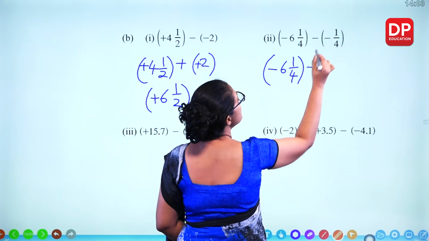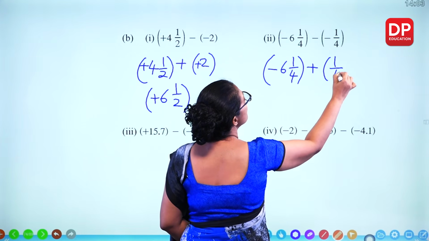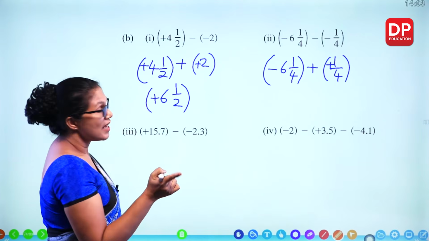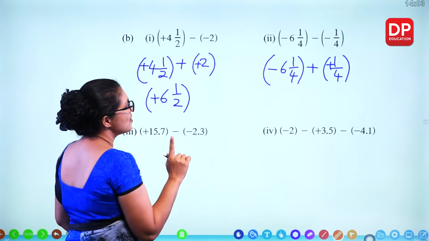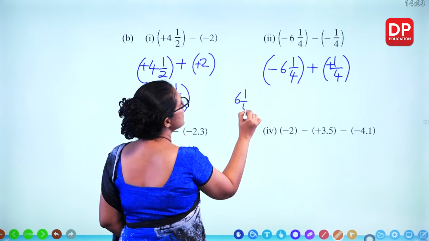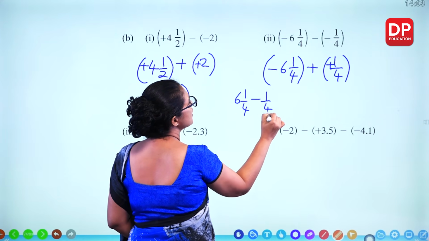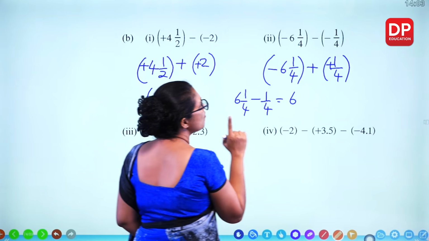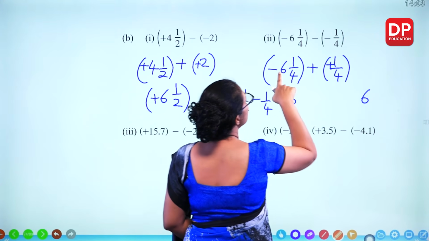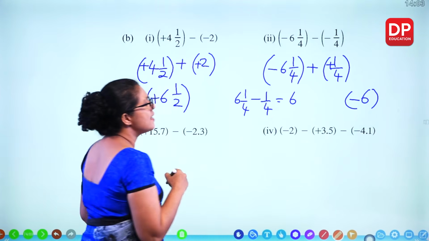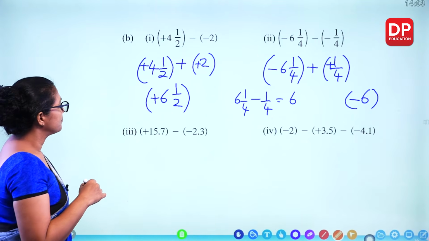Adding the additive inverse, that's 1/4 plus 1/4. Now you have to take the difference. So we'll take the difference. 6 1/4 minus 1/4. So 1/4 gets cancelled out, you get 6. What's the sign? The bigger number is negative, so the answer is negative 6.